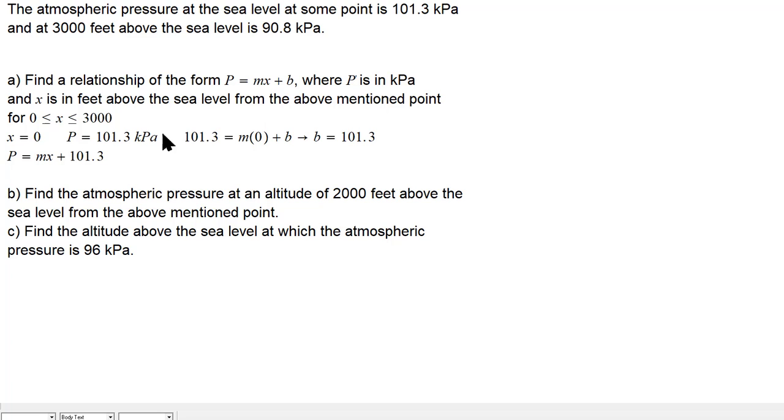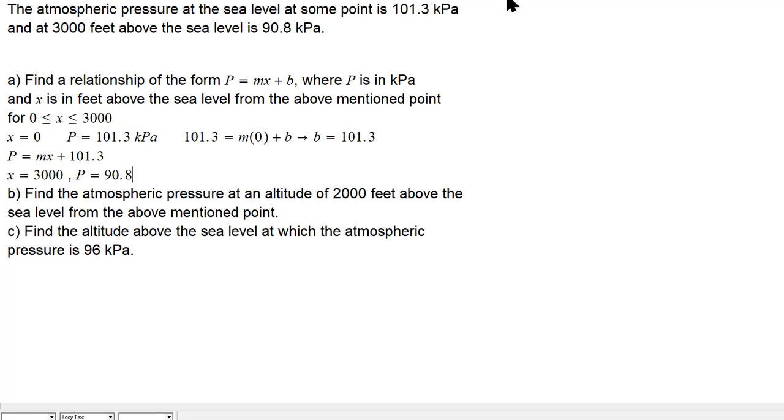Now it's given that when x is 3000, at that height, our P is 90.8 kilopascals.